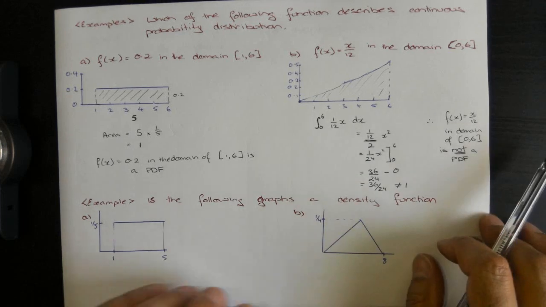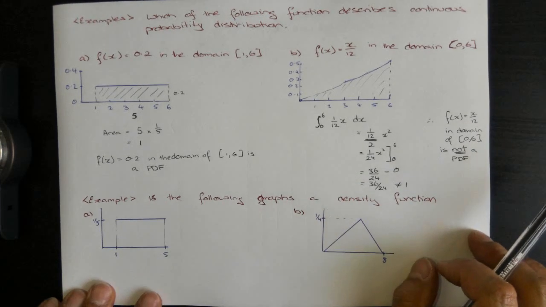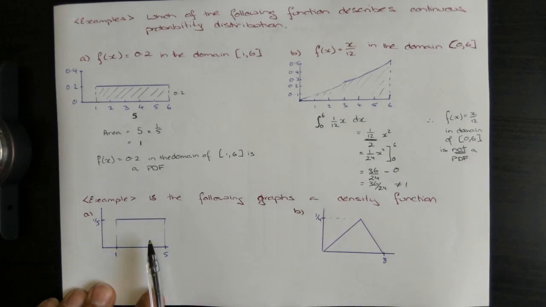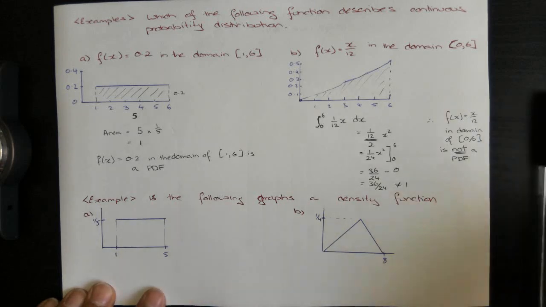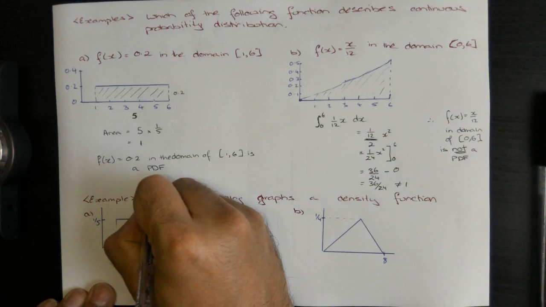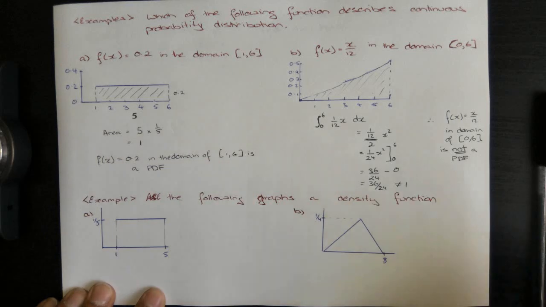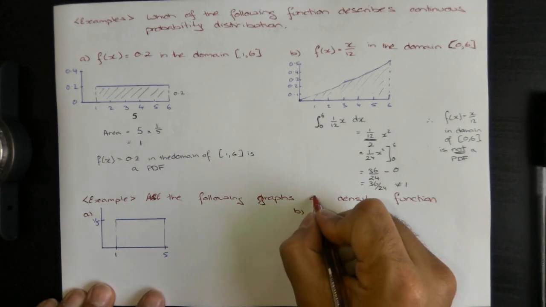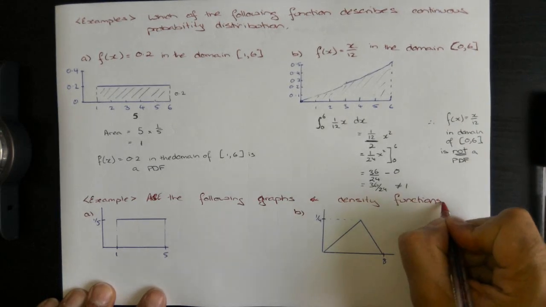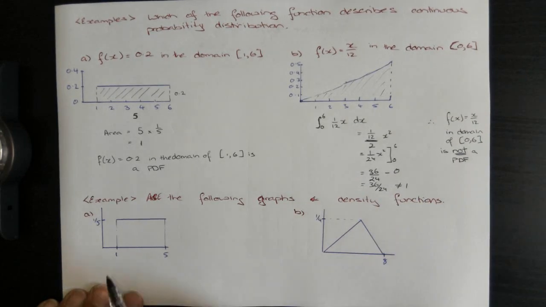Okay. Let's look at these examples. Are the following graphs density functions? All right, so here we go. We want to find the area under the curve or under the function.